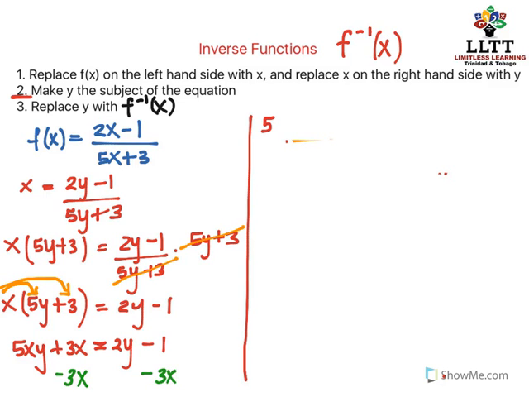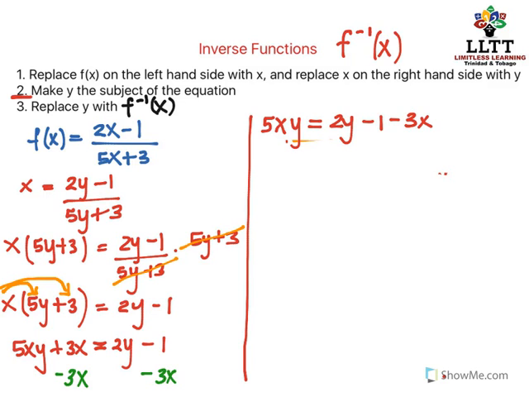So I now have 5xy plus 3x minus 3x, which is 0. So that's 5xy plus 0, which is simply 5xy. That's equal to 2y minus 1 minus 3x, right? Because I have to take 3x from both sides.